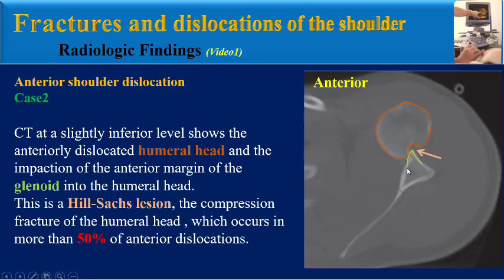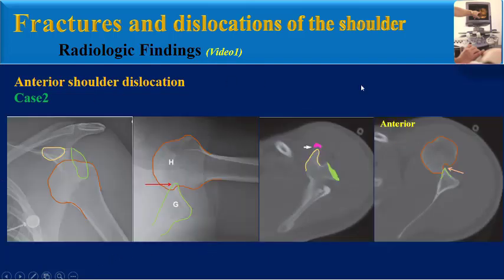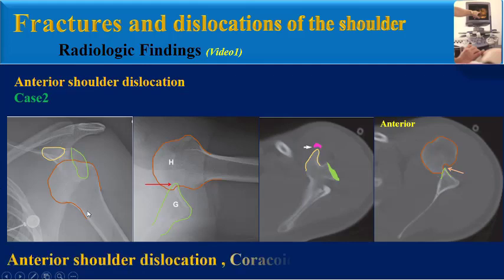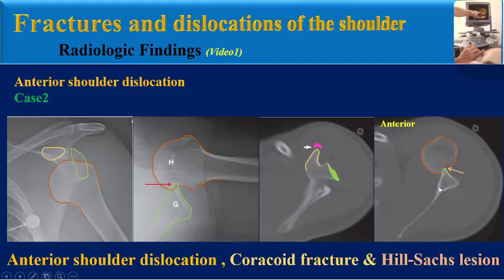This is a Hill-Sachs lesion, a compression fracture of the humeral head, which occurs in more than 50% of anterior dislocations. This case was an example of anterior shoulder dislocation, coracoid fracture, and Hill-Sachs lesion.